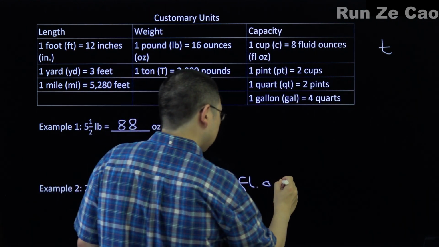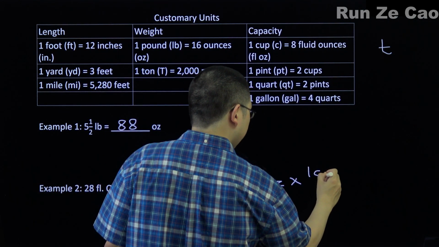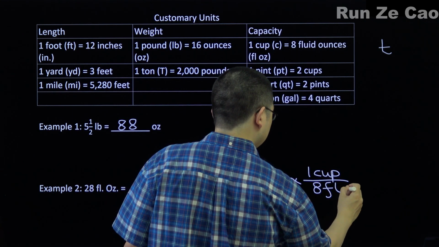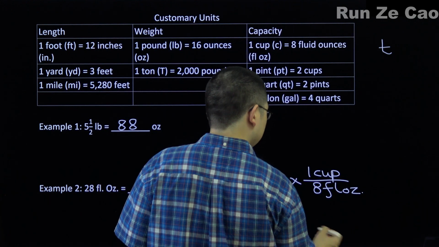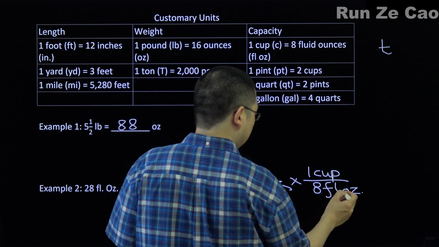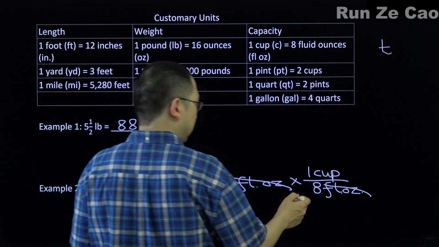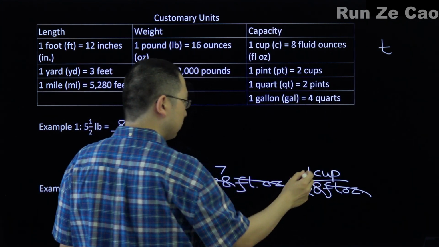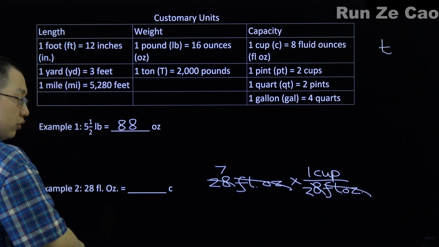Fluid ounces times 1 cup per 8 fluid ounces. And of course the fluid ounces then cancel each other out. And 7 and 2. So you get 7/2 cups.